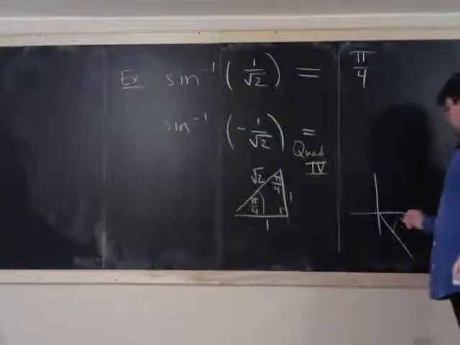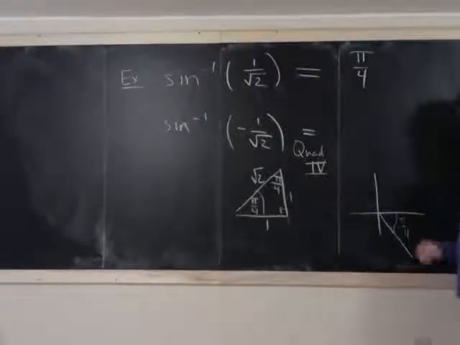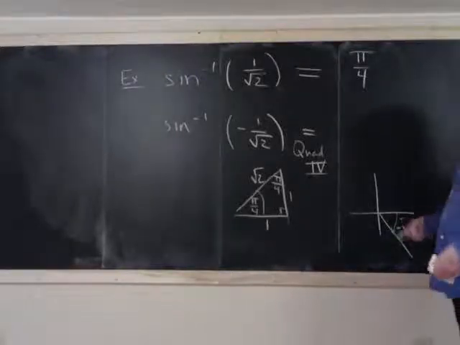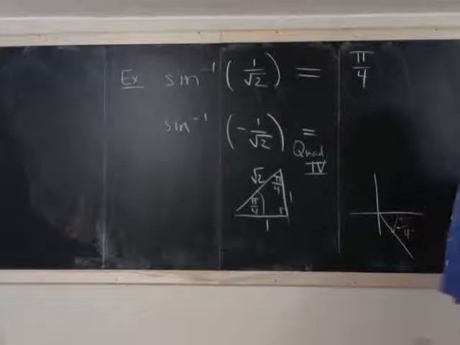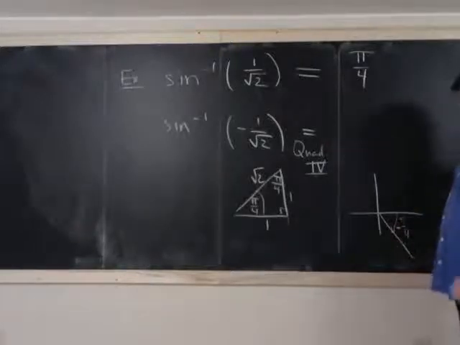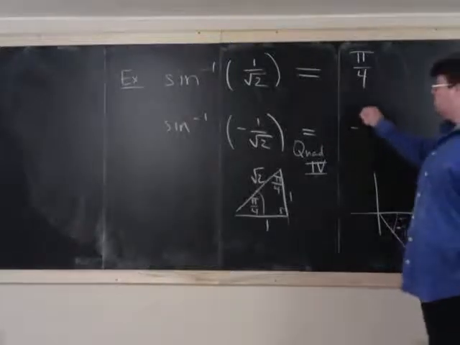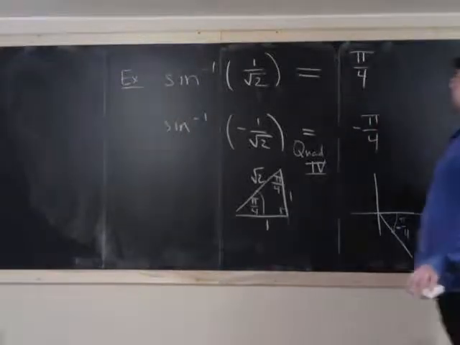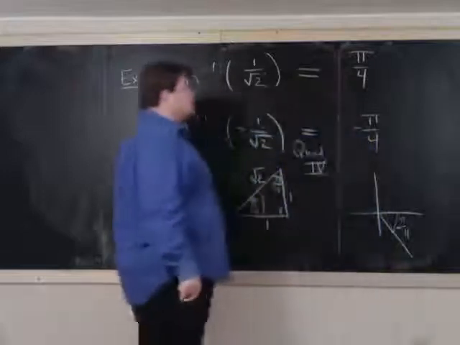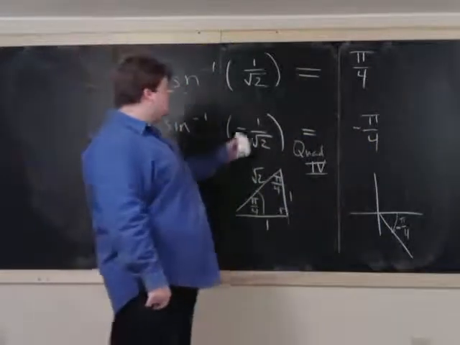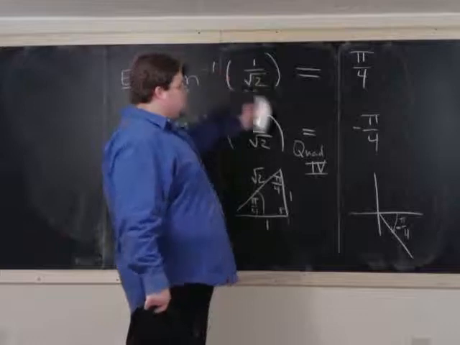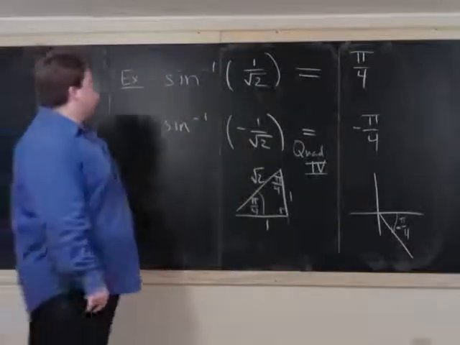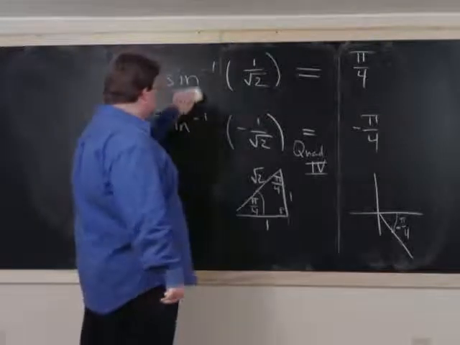Well, we want this to be pi over 4, that distance. So we want that angle to be negative pi over 4, because we're going down instead of up. We went down, so we have a negative angle. And we get negative pi over 4. So notice here for sine, you kind of get that the negative goes with the other negative. That generally works for sine.